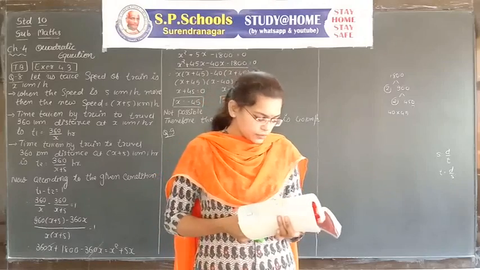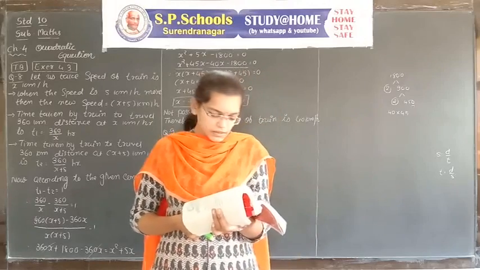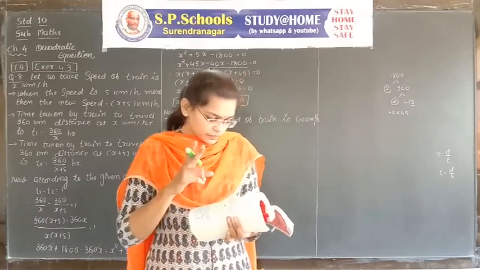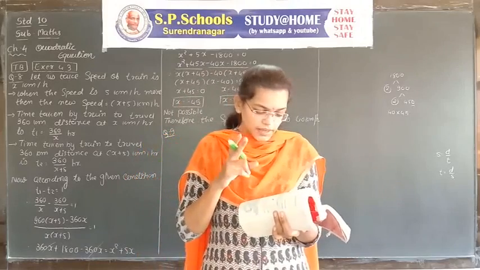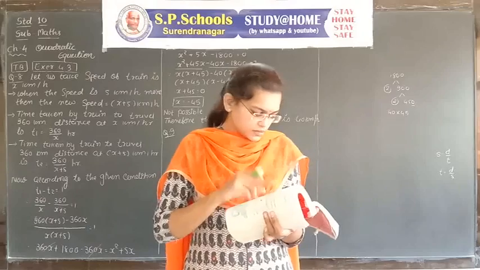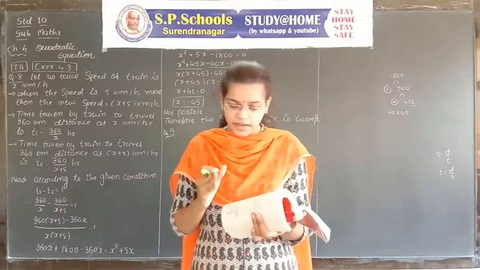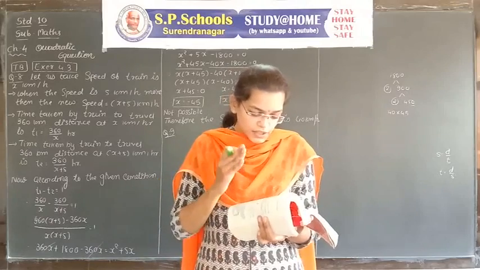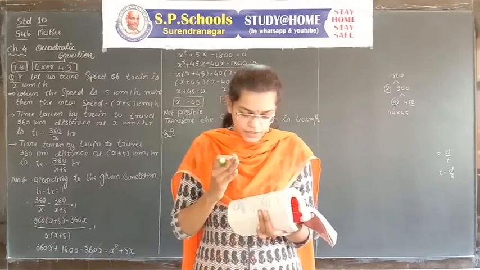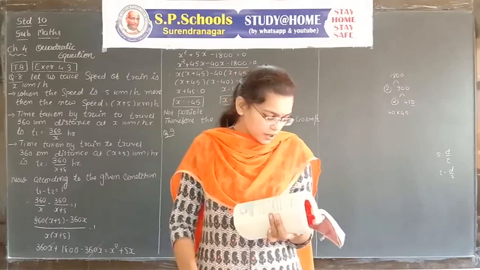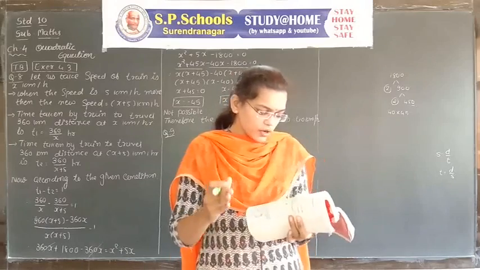First of all, we have to take time for the tank. According to the second sentence, the tap of larger diameter takes 10 hours less than the smaller one to fill the tank separately. Read it again. Larger diameter, the tap of larger diameter takes 10 hours less than the smaller one.